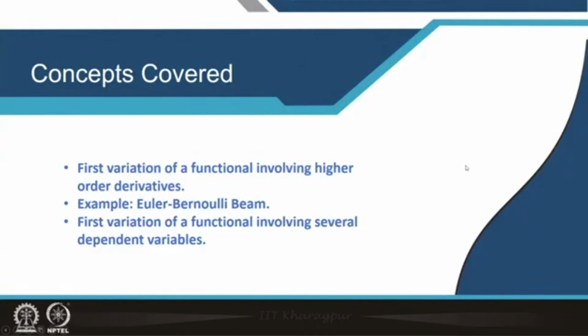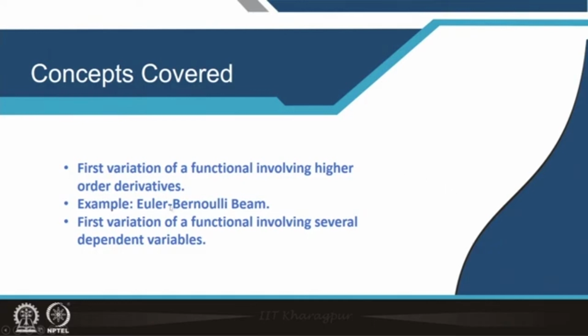In this lecture we will cover the first variation of a functional involving higher order derivatives. As I explained in the previous lecture, we need to know at least second order functionals, meaning functionals involving second order derivatives, because we will be solving the beam problem in this course.